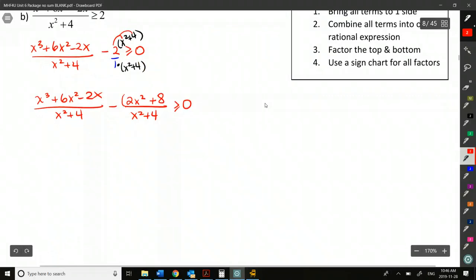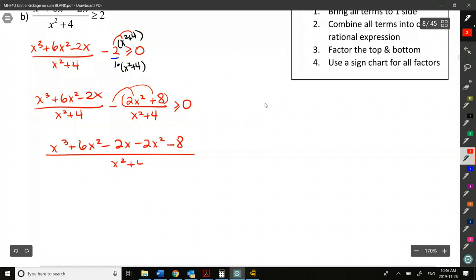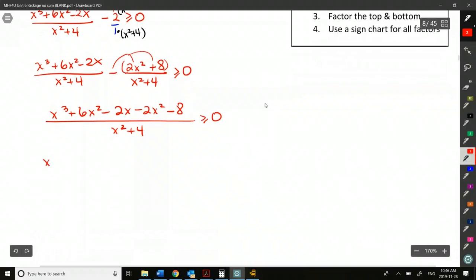Okay, I'm going to leave the brackets around this, however, because when I put these two fractions together, the negative will actually have to go into both of those terms. So we're going to have one line. Now, once we merge these into one fraction, I'm just going to gather up the terms that are common.